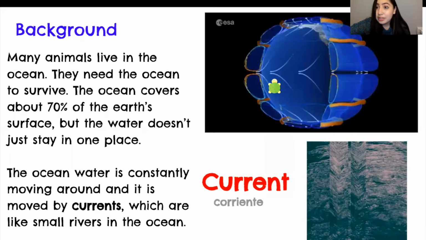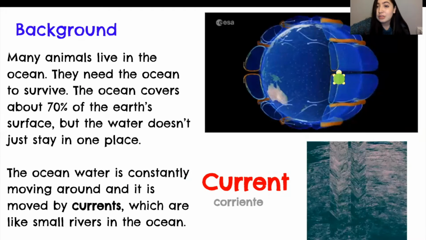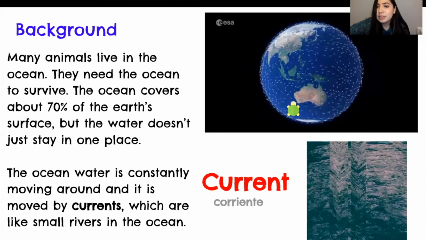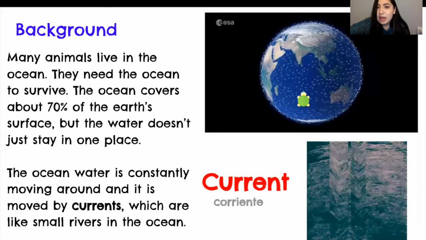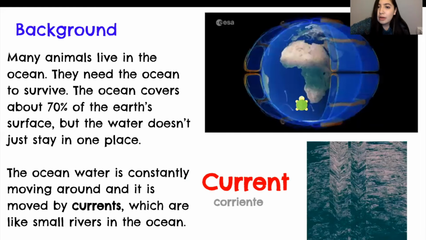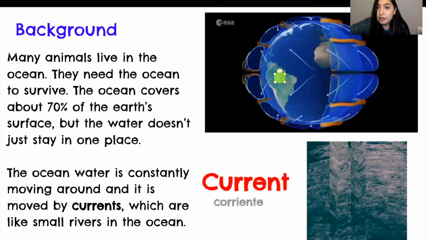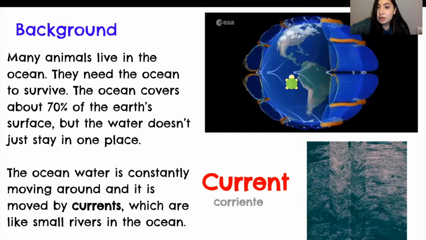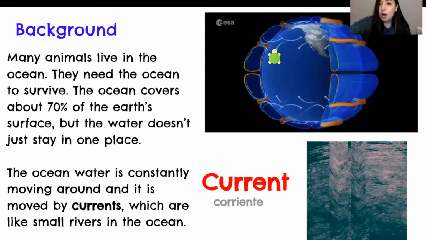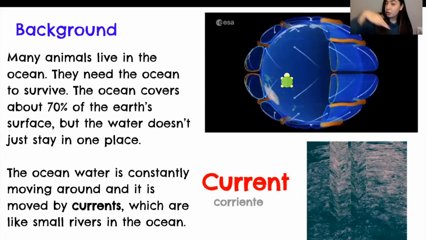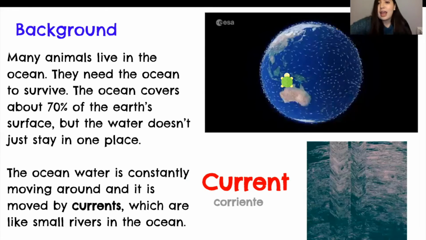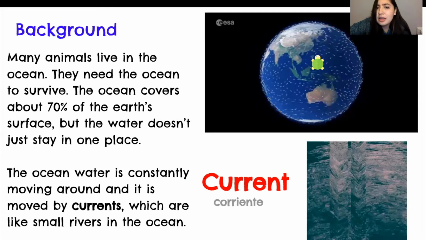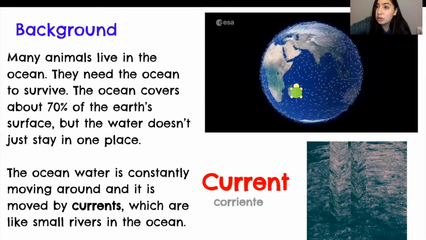It is 70% ocean. That means there's lots of water around us, and you can see the water here. And you also see those white arrows, and they're moving. You can notice that those arrows are moving water. That means the water keeps moving left, it moves right. And if you notice their pattern, they move in circles.